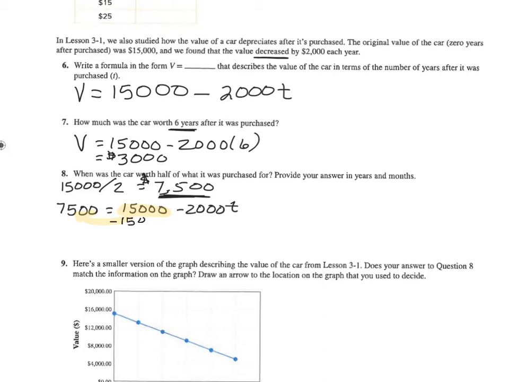So let's subtract 15,000 from both sides. And it should not be a shocker that we get a negative 7,500 on the left side equals negative 2,000 T. So what do we do to get the T by itself? Well, we have to divide both sides by negative 2,000.